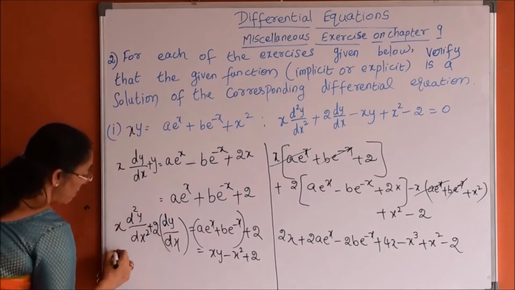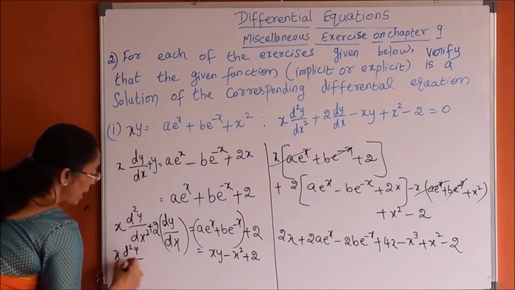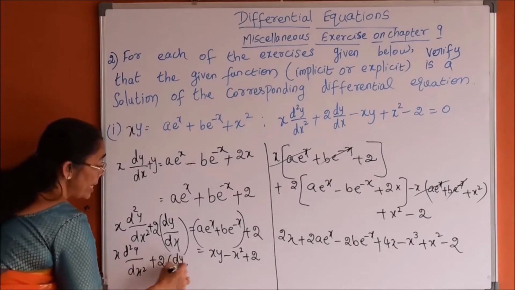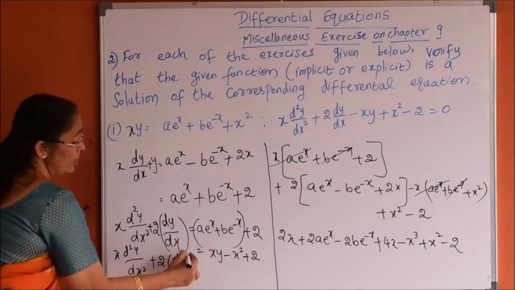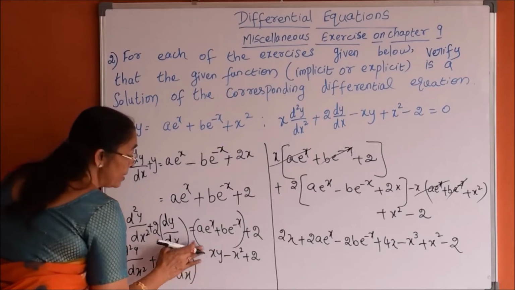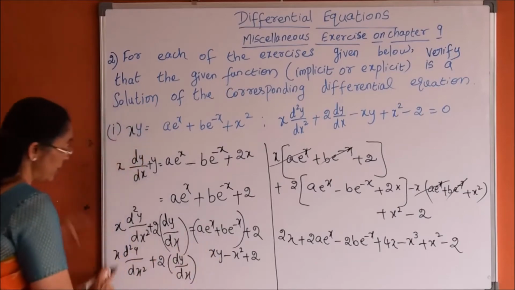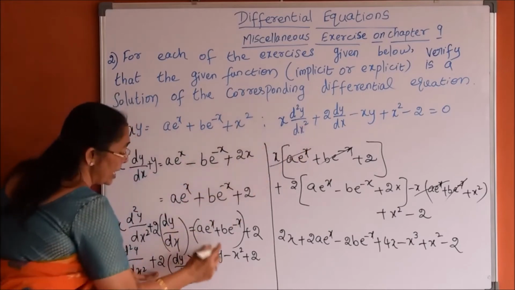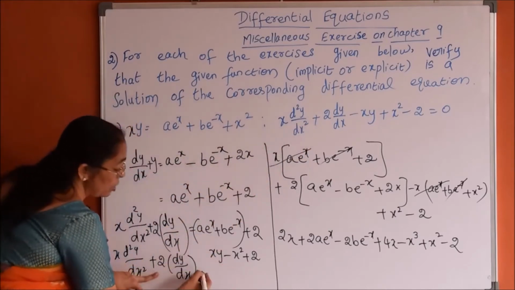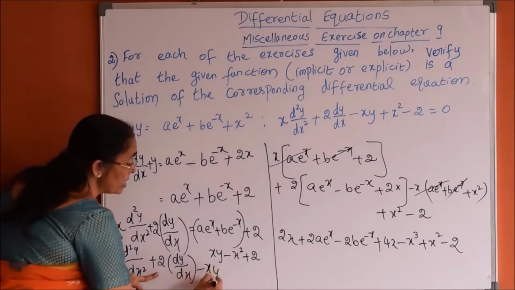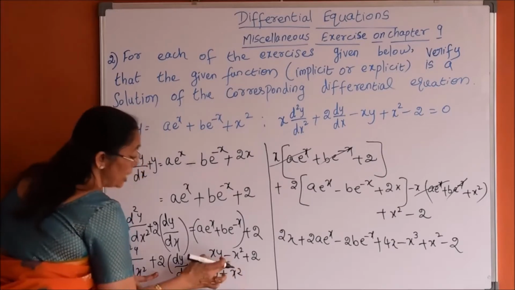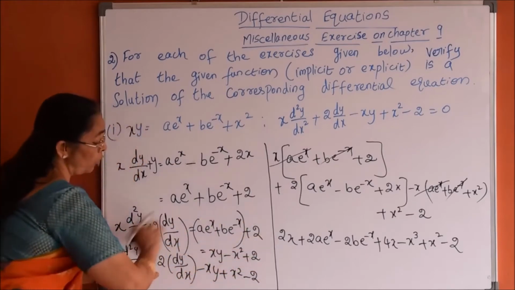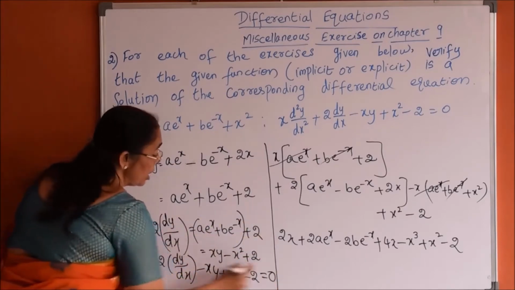So we have x into d square y by dx square plus 2 times dy by dx equal to these terms, or I can bring these terms to the left hand side: x into d square y by dx square plus 2 times dy by dx is equal to xy here. So I am bringing to this side minus xy plus x square, second term, and minus 2. Since I brought all the terms to the left hand side, this is equal to 0.